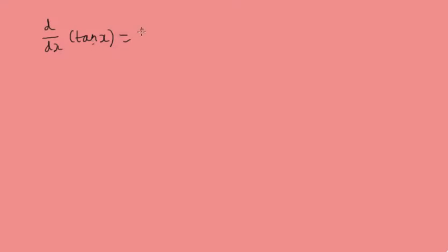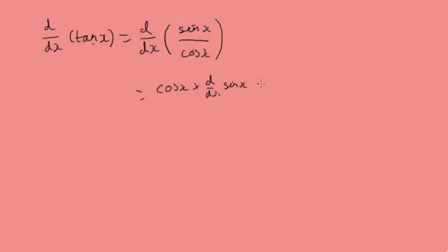Now instead of writing tan x, we're going to put in sine over cosine. And the reason we do that is we can now use the quotient rule. So we'll end up with cosine x times the derivative of sine x minus sine x times the derivative of cosine x, all over cosine squared x.